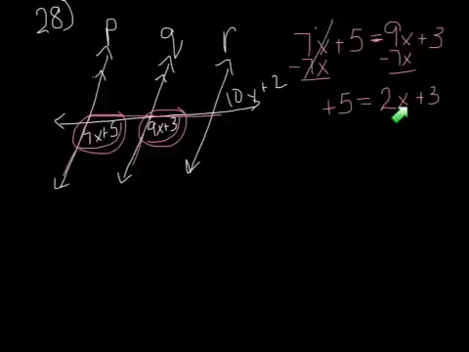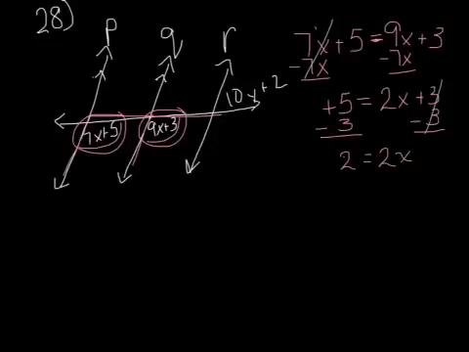So what am I going to get rid of next? 3. That 3, because I want that 2x to still be there so I can get rid of that 2 in a minute. And then 3 minus 3 is nothing. So that leaves me with 5 minus 3 being 2 equals 2x.